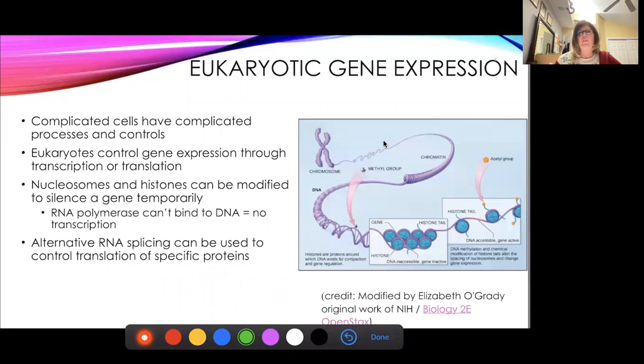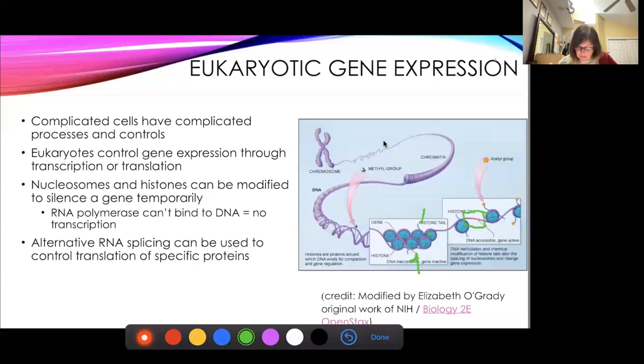Another way that we can control gene expression in eukaryotes is that we can actually have our DNA wound up super, super tight. If our DNA is wound up tight, it's like if your book is closed, you cannot read it. And so we have these proteins called histones, and we have these tails, and this is a whole area of what we call epigenetics now. And so notice that we have to unwrap.